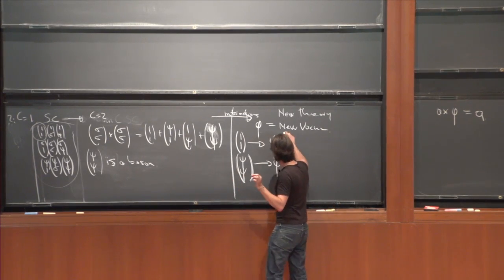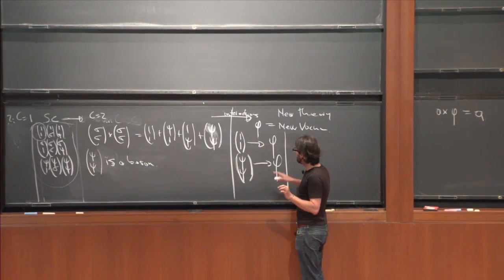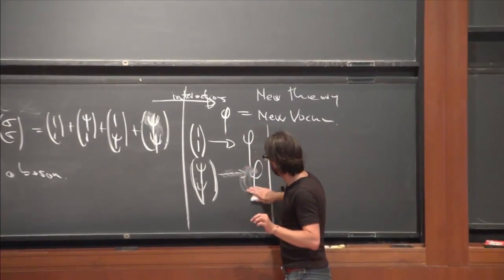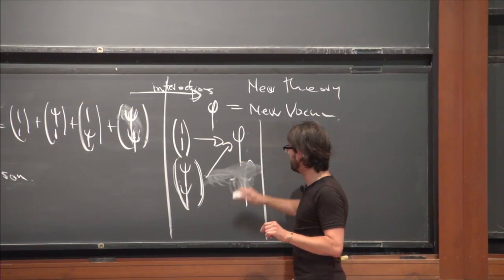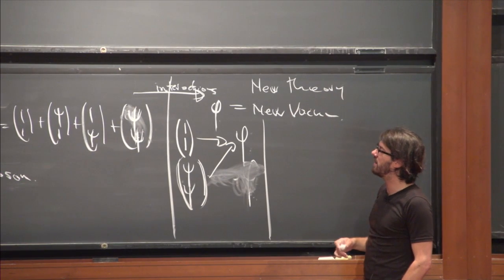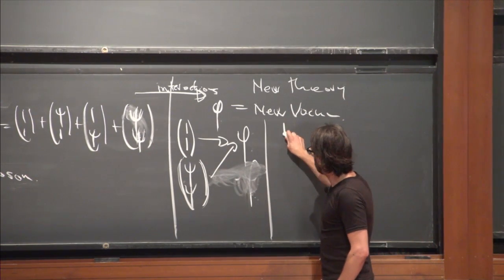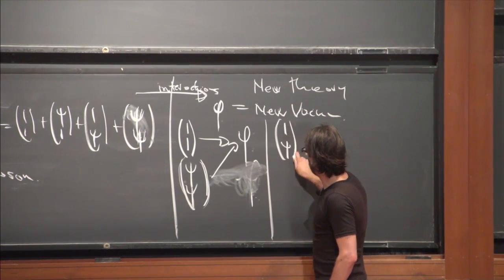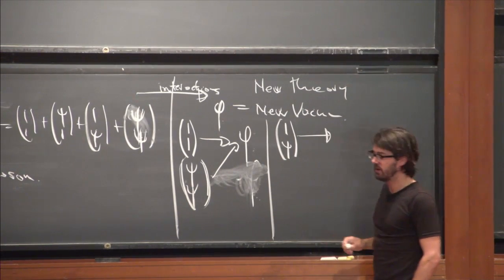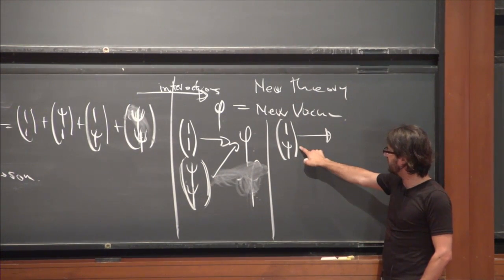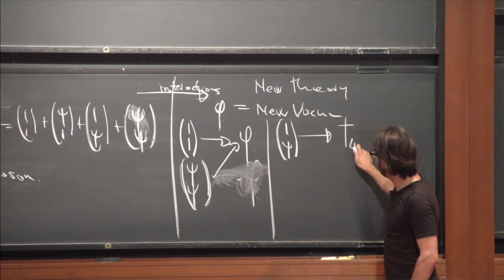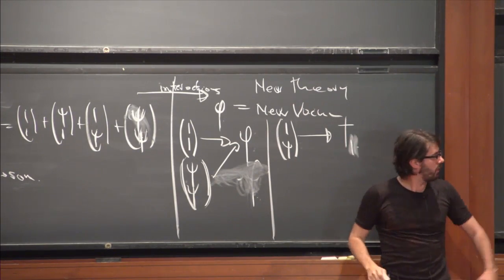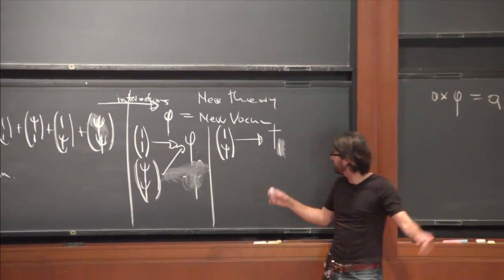Let me parse that statement. Both of these particles go to the vacuum in the new theory. This is old, this is new. Let me make a simple example. What does this particle go into? This particle, let's say 1 psi, goes into something I'm going to call T1. It's just a label.